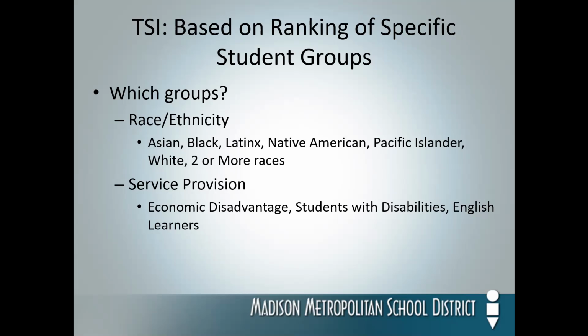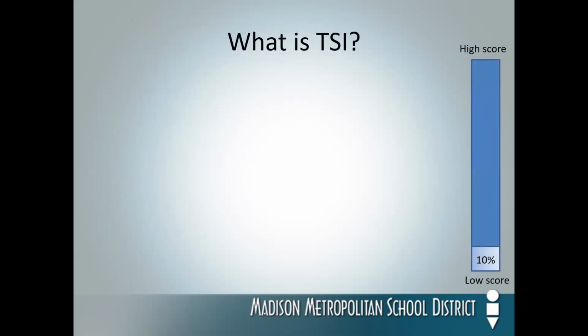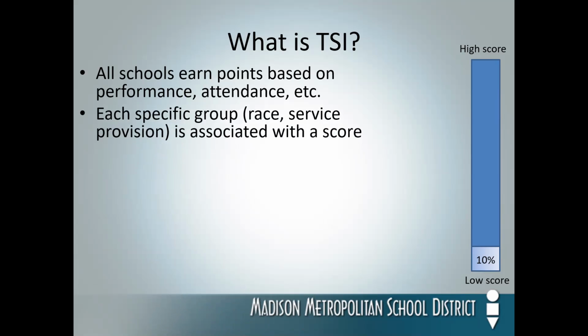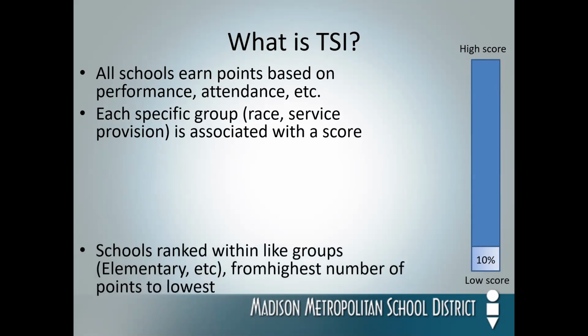Now, when we look at the scores from each and every one of those groups, here's what happens with TSI. First of all, a school earns points based on the performance of academics, attendance, all those 5 indicators that we just looked at. Those points are associated with a specific group, whether it's a race, ethnic group, or service provision, and each one of them is given a score.